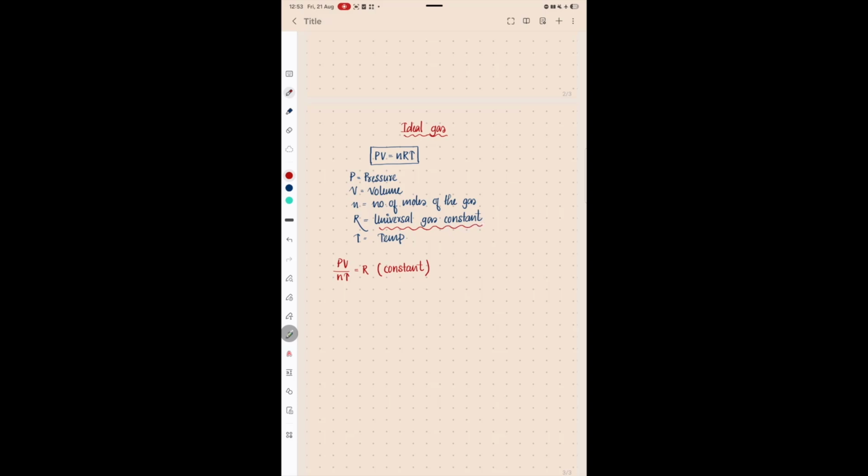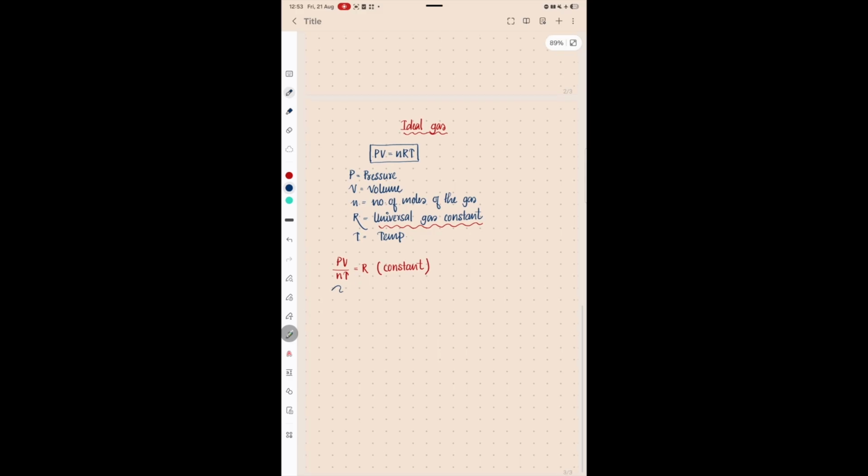Okay, now let's talk something about R. The SI unit of R is mole inverse Kelvin inverse.